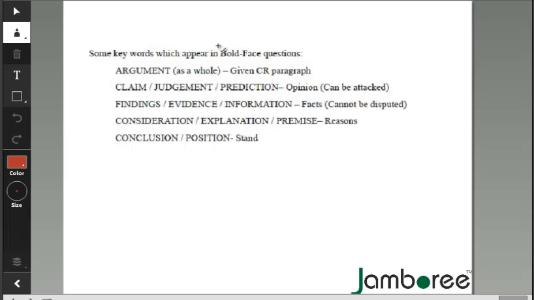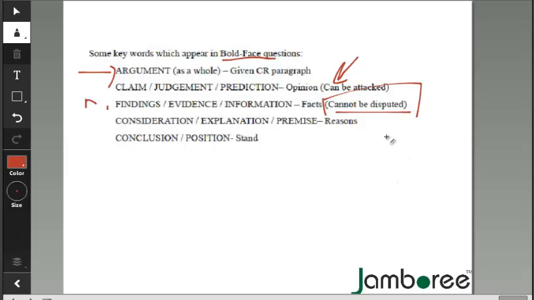Right, now coming to boldface, this remains true, of course. Claim, judgment, prediction, all of that mean opinion, and hence they can be attacked. Facts, findings, evidence, information, assertion, we have talked about that. They are facts and hence cannot be disputed.